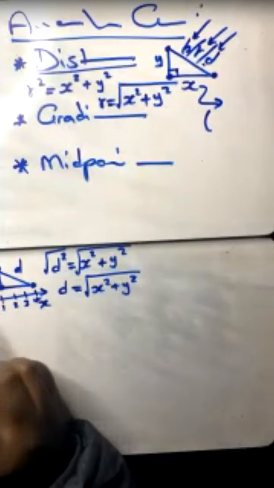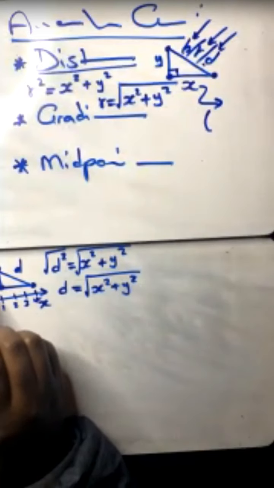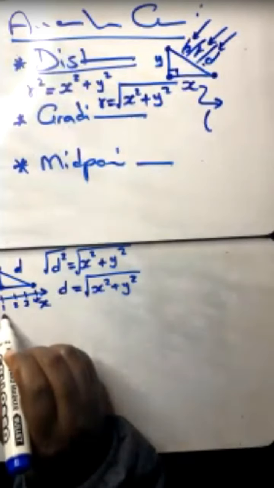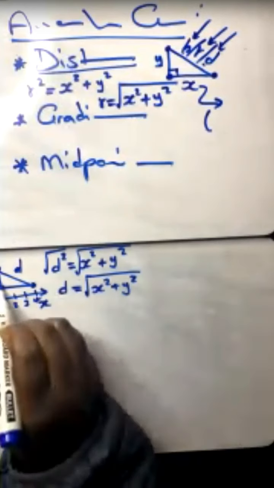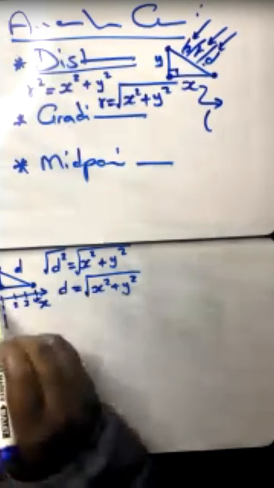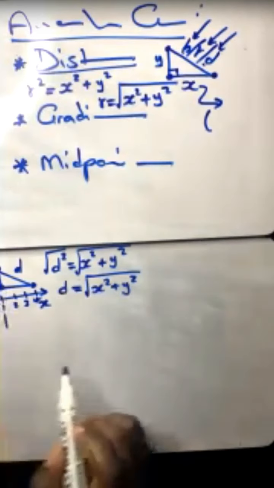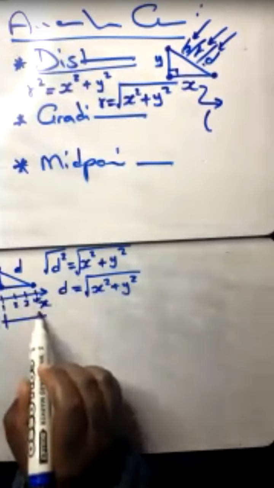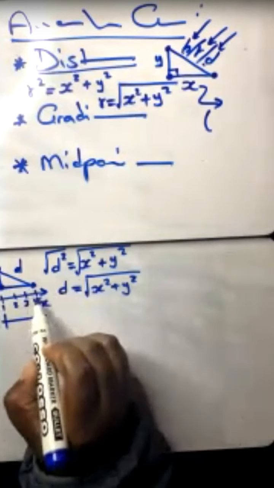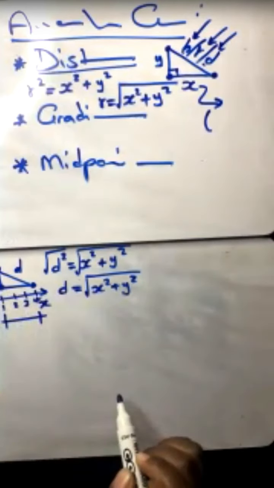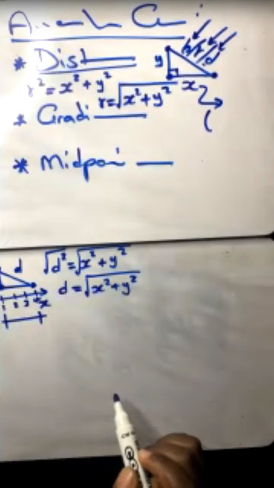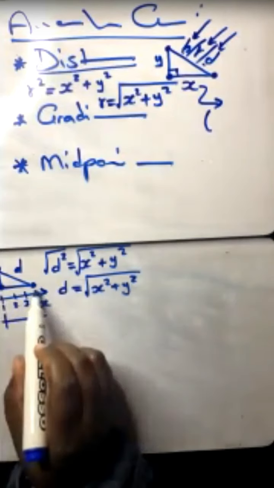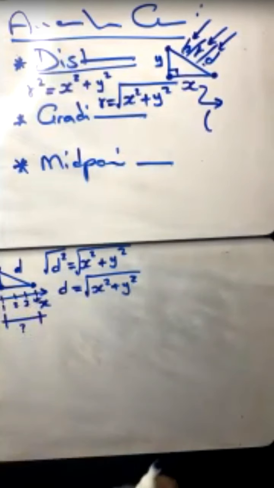My question to you: the first point is where x is 1 and y is 1, and the other point is where x is 4 and y is 1. What is the length from there to there? Is there someone who wants to guess?